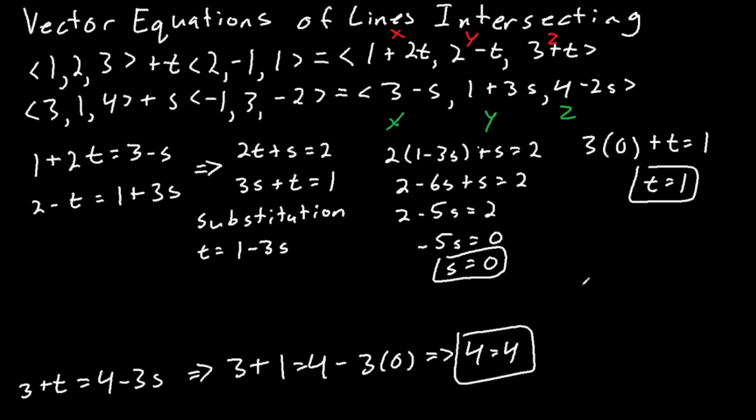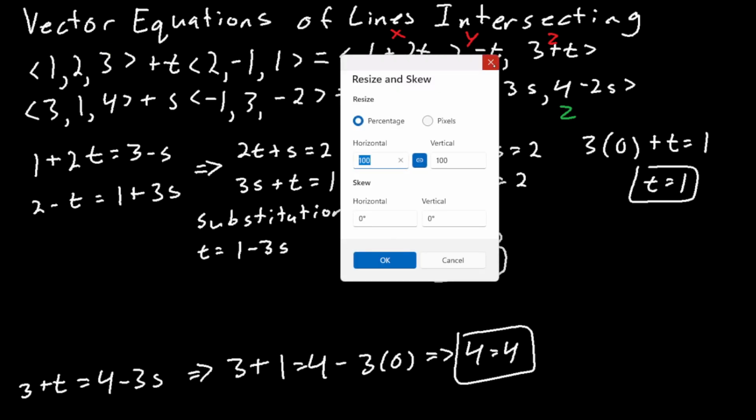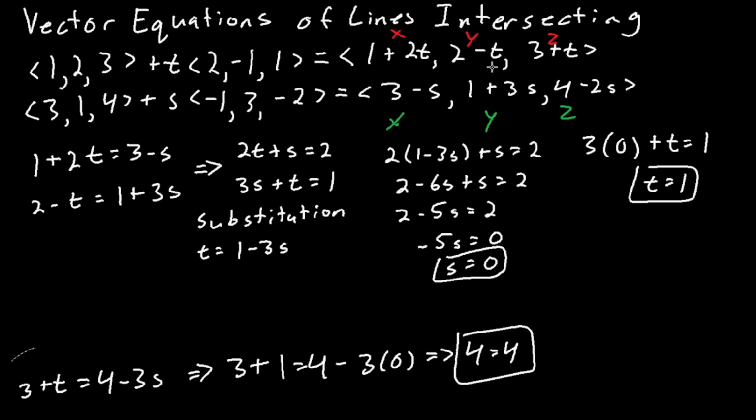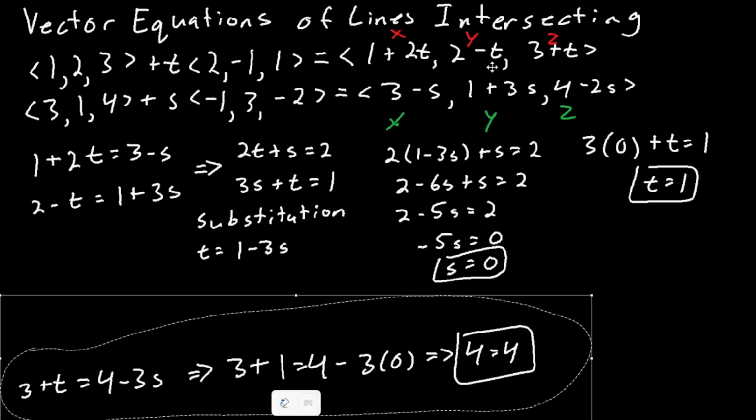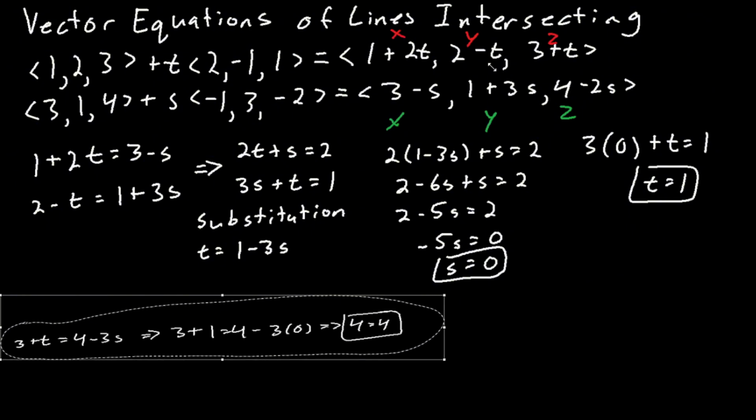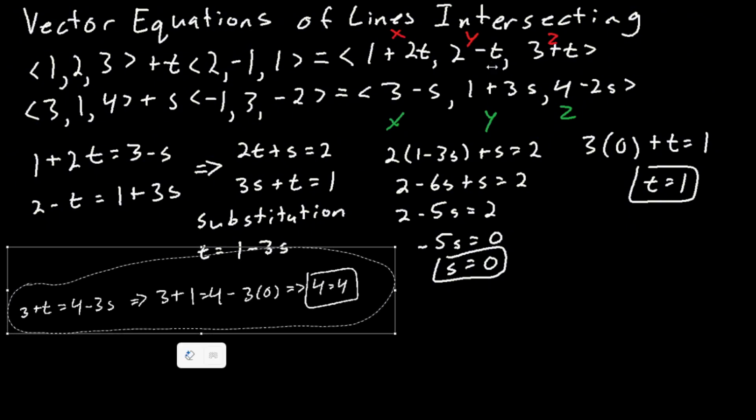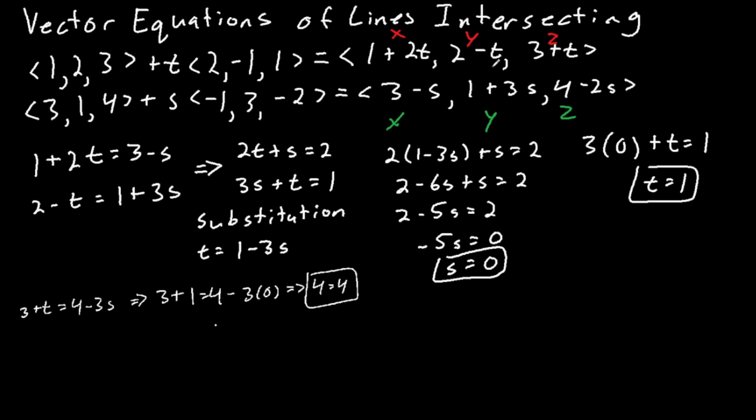Now, let's just solve for the point that they intersect at. Let's move this somewhere else. Move it up here. Let's solve for the point that they intersect at. So we just got to plug in 0 and 1 into any of these two equations. So let's plug in 1 into here. So 1 into the t function is equal to 1 plus 2t, which is just 3. 2 minus t, which is just 2 minus 1.